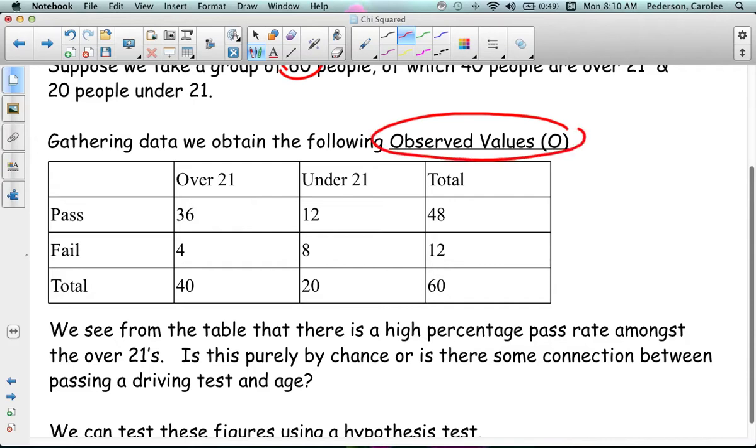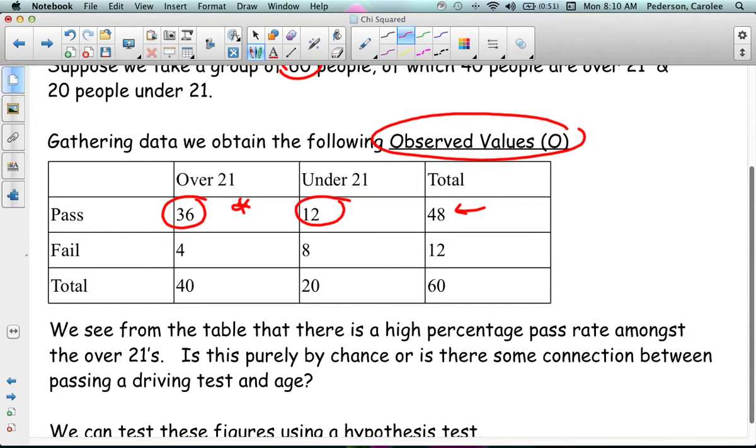So we took the survey, and this first box represents the people over 21 that passed the test. There were 36 people in that group. Then there were 12 people under 21 that passed, giving you a total of 48.